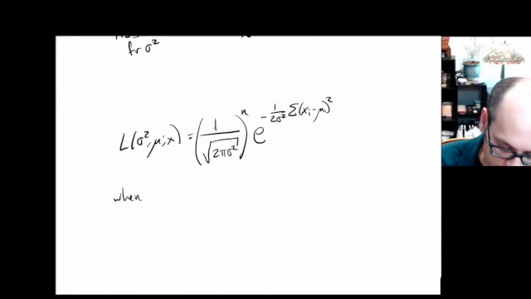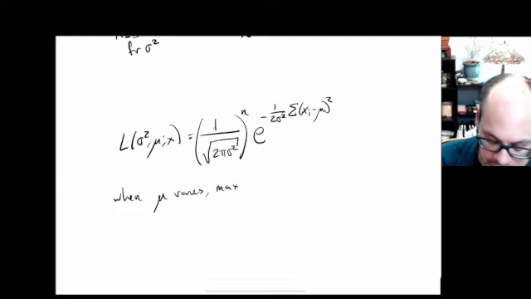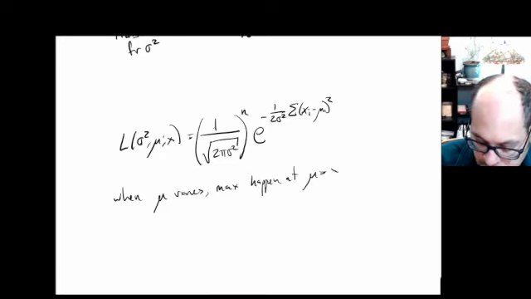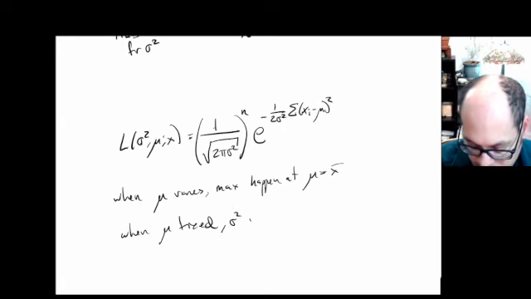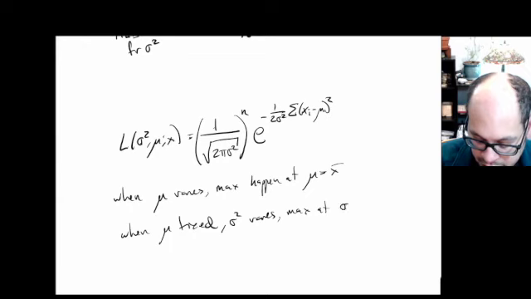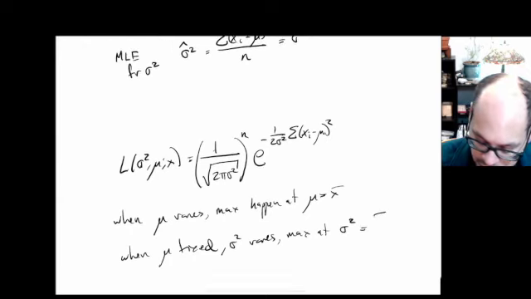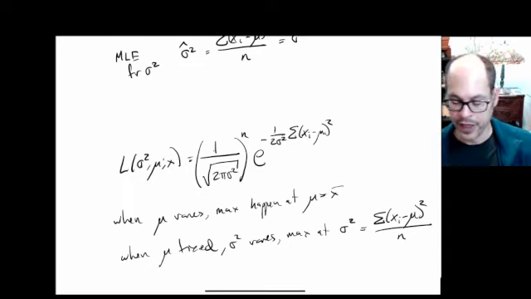When mu varies, the max will happen at mu equals x bar, and when mu is fixed and sigma squared varies, the max happens at sigma squared equal to this MLE estimator, with respect to that given mu as the actual mean there. Okay, the maximum happens there.